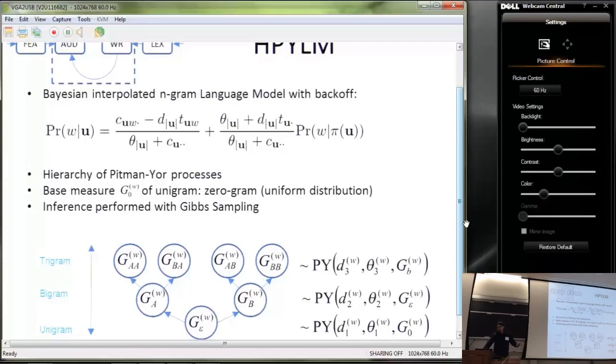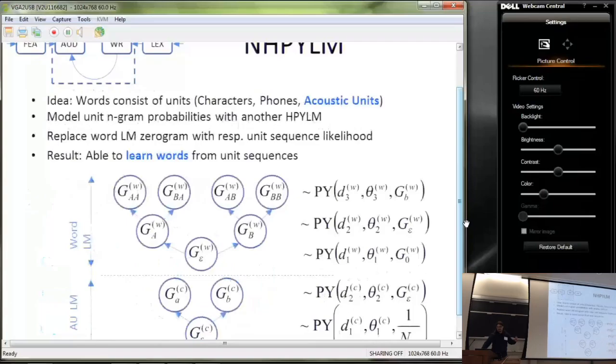This is not able to learn words yet, because we started with a 0-gram distribution, which has to incorporate the number of words. But an idea to improve this, Daichi's idea, is to put a unit level language model below everything. This unit level language model is able to weigh sequences of units.